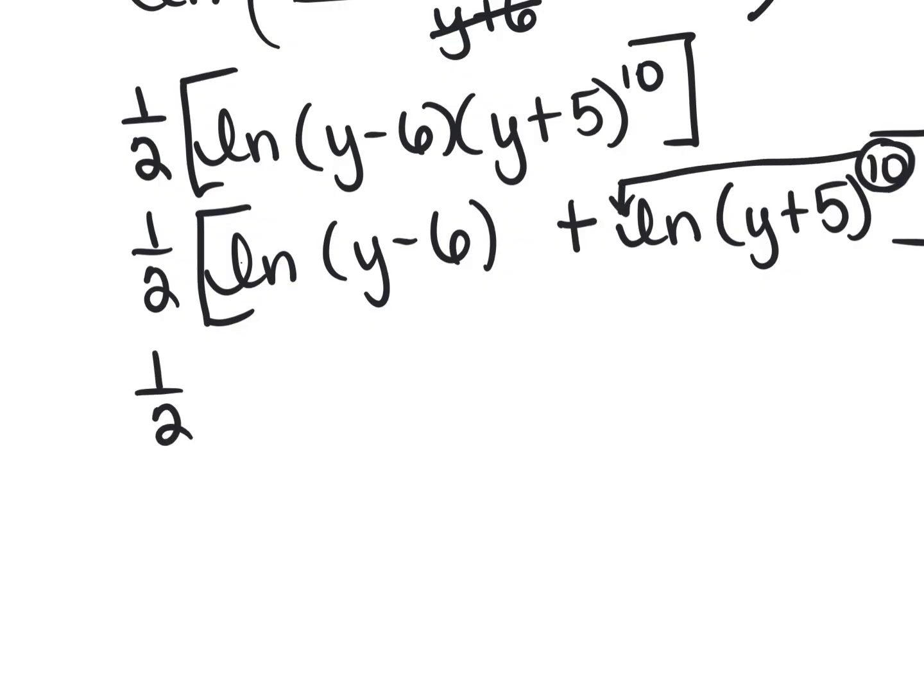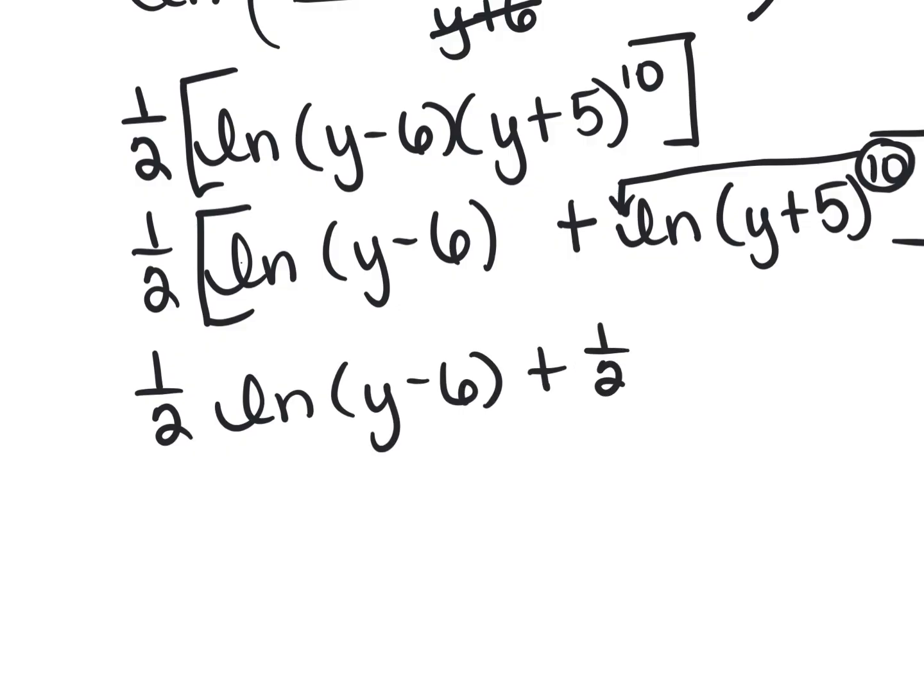So I have 1/2 natural log of y minus 6. And then I'm going to have addition of 1/2 natural log of y plus 5, because I have distributed 1/2 and then times 10. This 10 has to come out front with the 1/2 that came from out here.